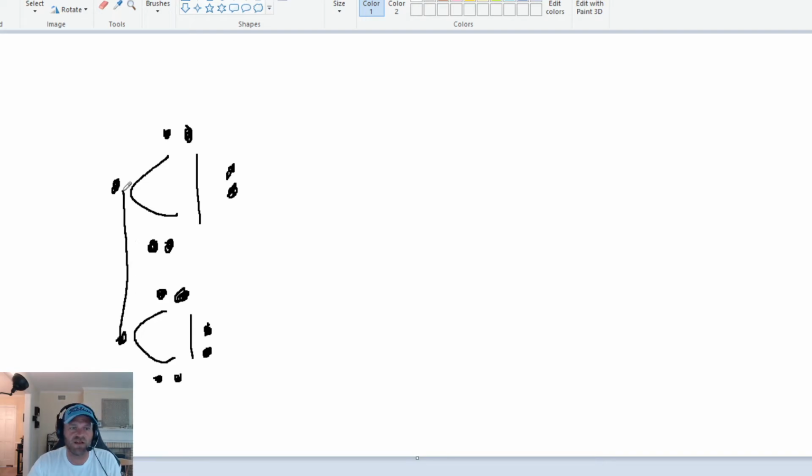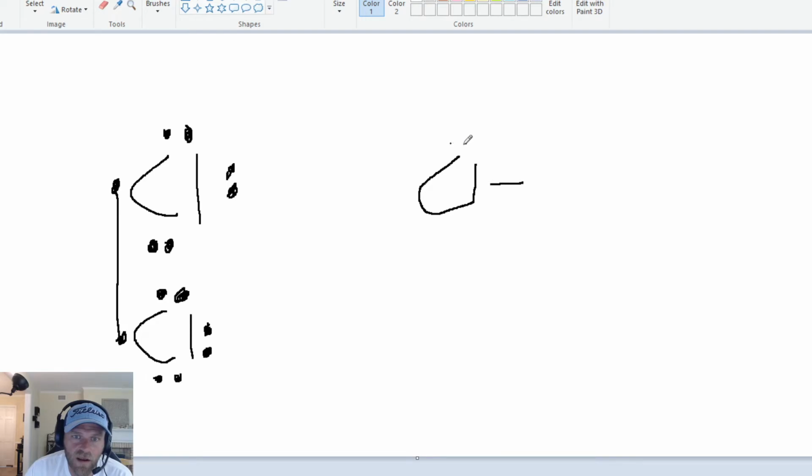So I'm going to connect this electron with this electron. That's one line. Let me take that off. I'm going to connect this electron with this electron. And now you'll see that 1, 2, 3, 4, 5, 6, 7 is in this one.